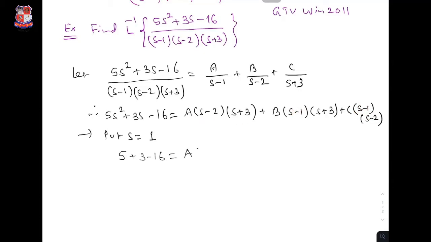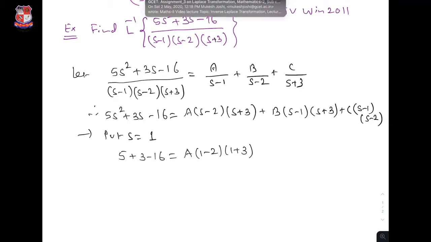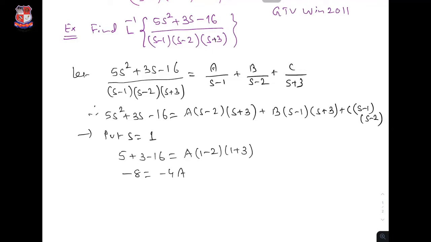That is A(1 minus 2)(1 plus 3). So minus 8 equals, this is minus 1 and this is 4, so minus 4A, and therefore A equals 2.